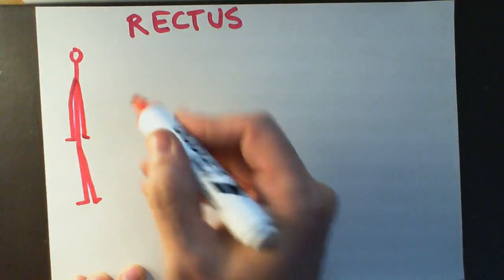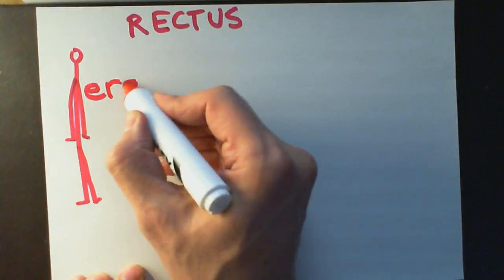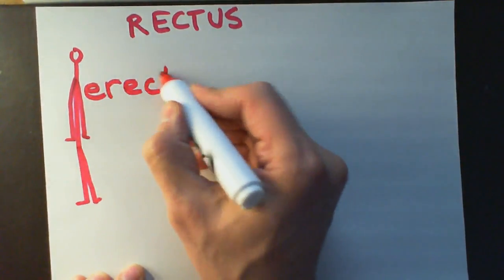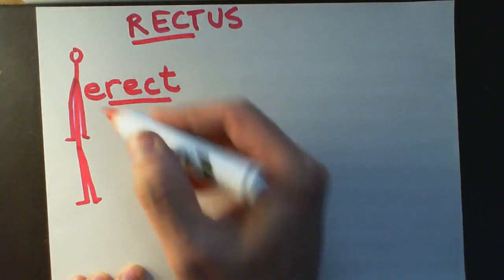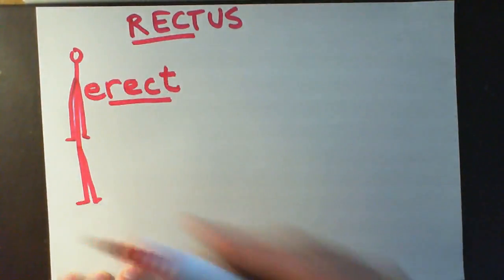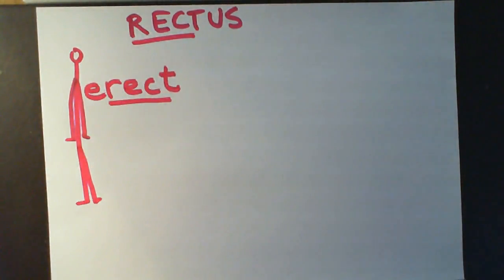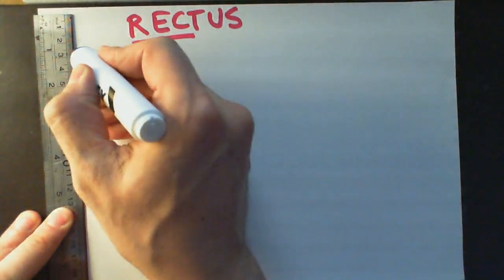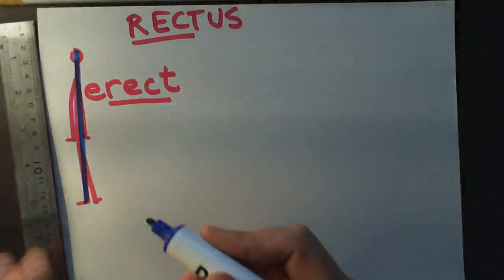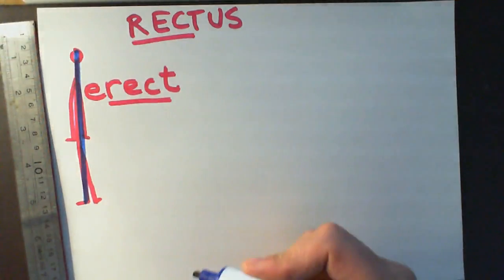And he is standing erect. Right, you can see there's the rect and here's the rectus. He's standing erect, he's standing straight up and down. Right? We could, if we were nasty, get a long metal pole and we could stick it straight through him. Ouch. Right? Straight line. So you stand erect, straight, or straight up.